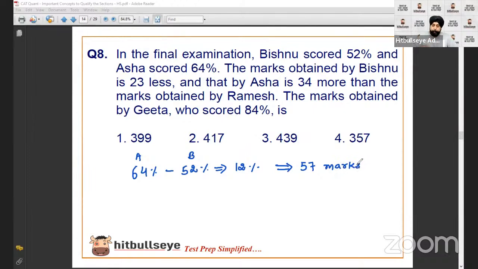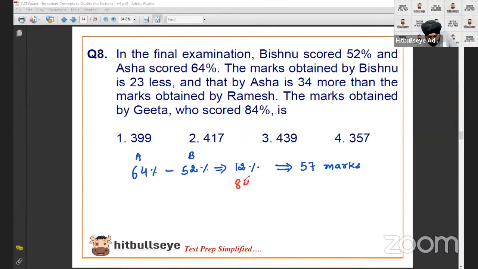Are you with me? Because marks obtained by Bishnu is 23 less. If this is Ramesh, Bishnu is 23 less here and Asha is 34 more here. So what is the difference between Asha and Bishnu? It will be 34 plus 23, that is 57 marks. So 12% is 57. Now further, the question is Geeta who scored 84%.